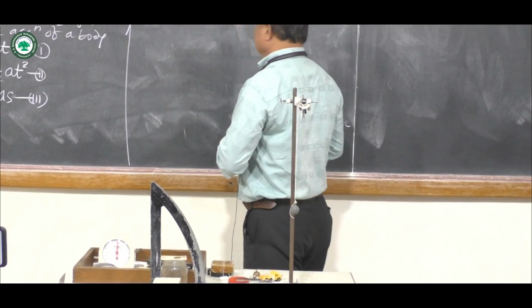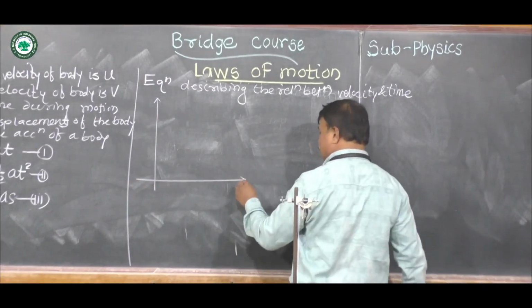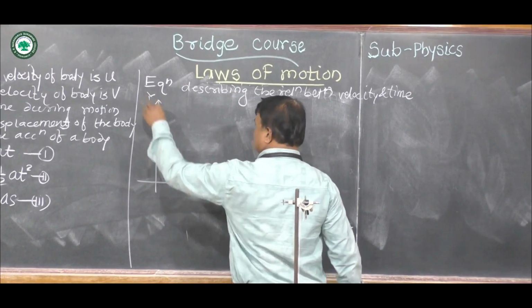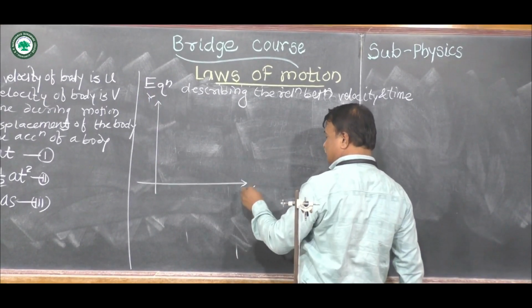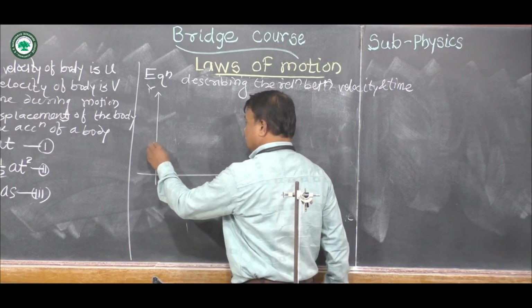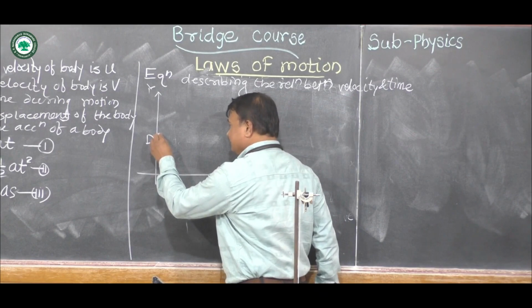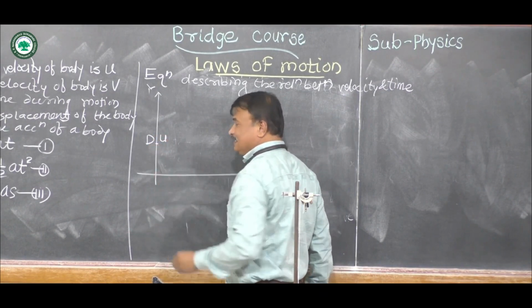If we describe that by using a graph like this one, this is y axis, this one is x axis, this is point D. At point D, initial velocity of object is u.